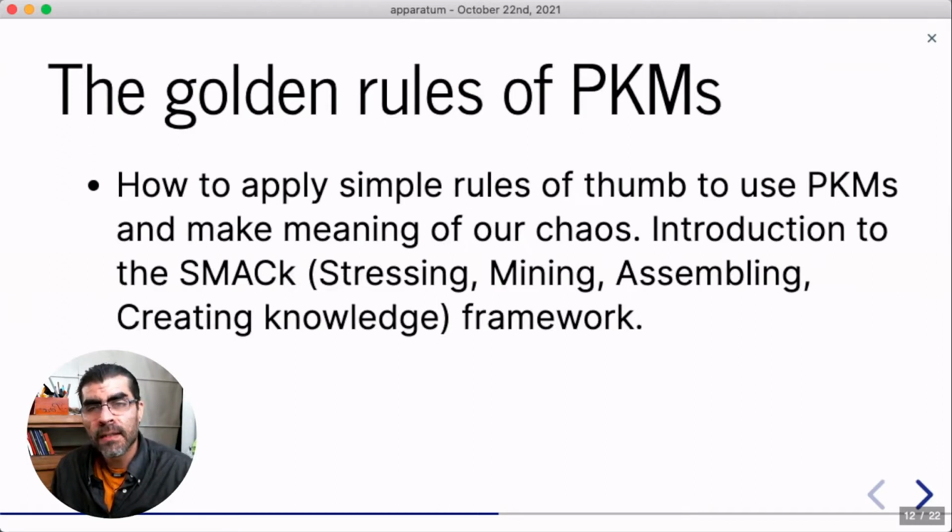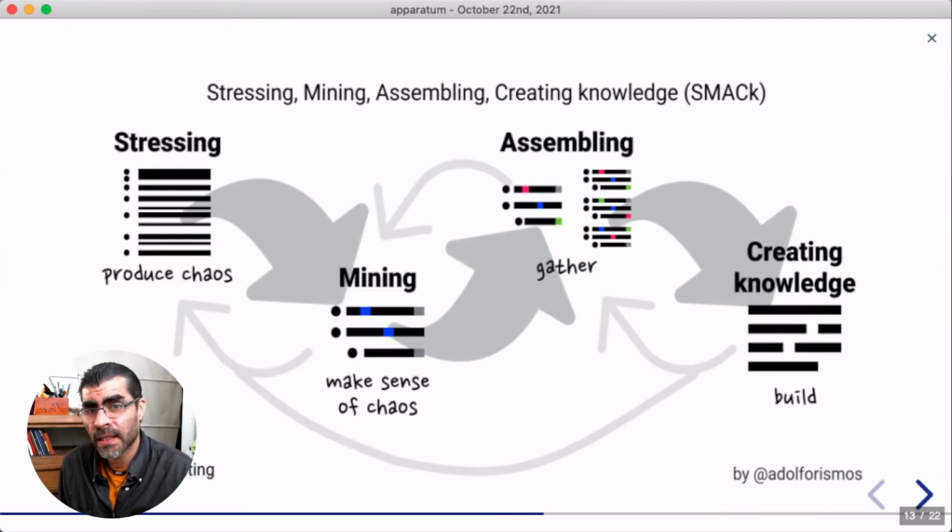And in the second lesson for this session, we see the golden rules of personal knowledge management apps. We try to be precise in what kind of things help you to work better with them, not over-structured systems of workflows, but very specific ideas that you can use immediately.